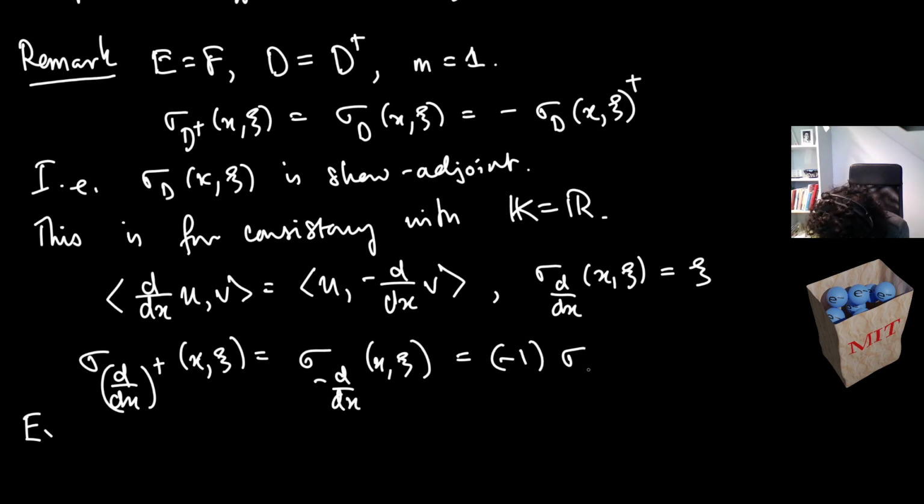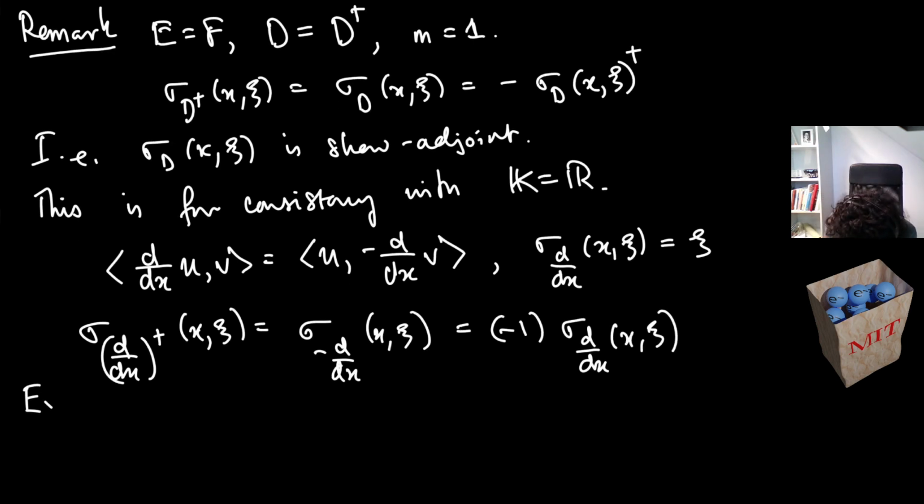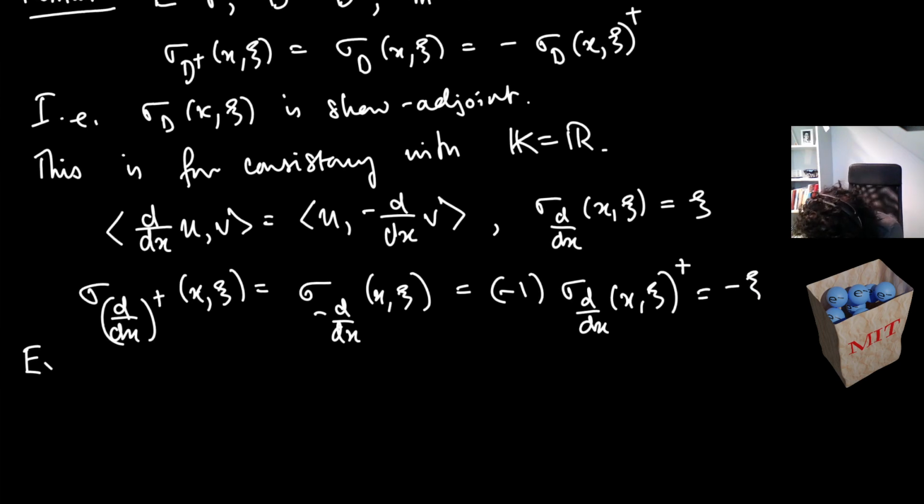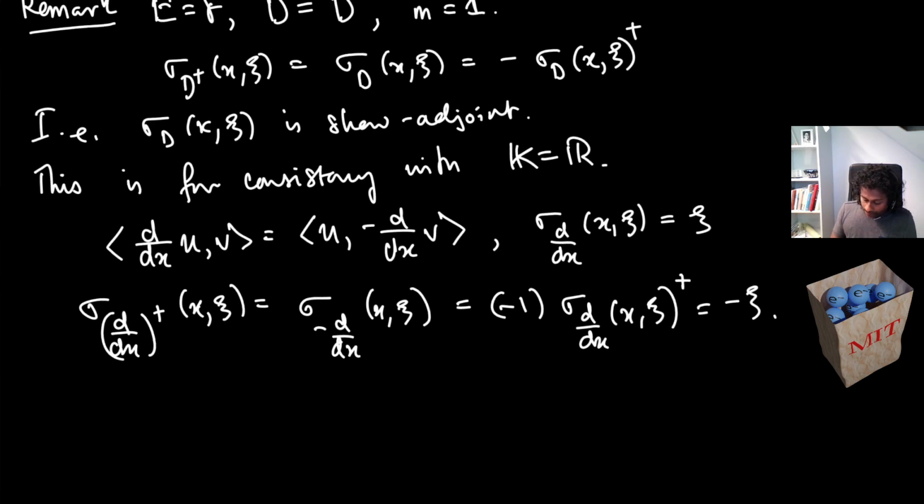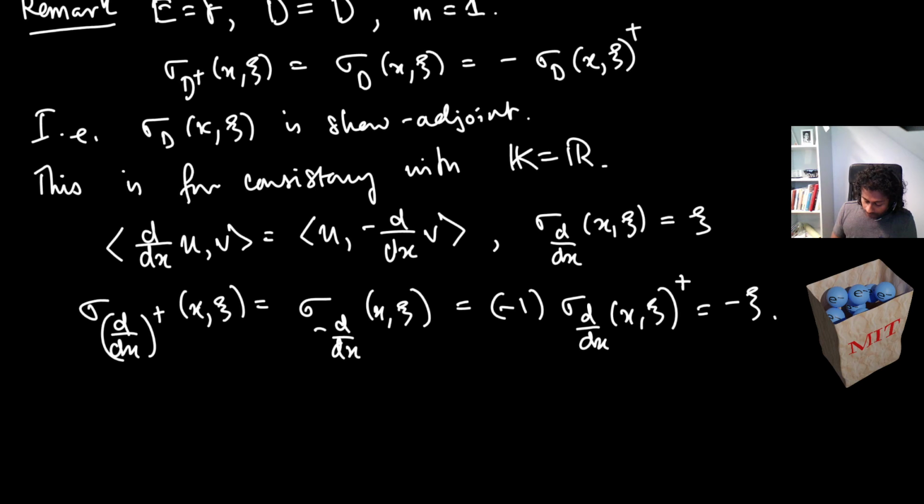So of d on dx xi transpose, and then this is equal to negative psi. So it agrees with the formal adjoint in the real case.